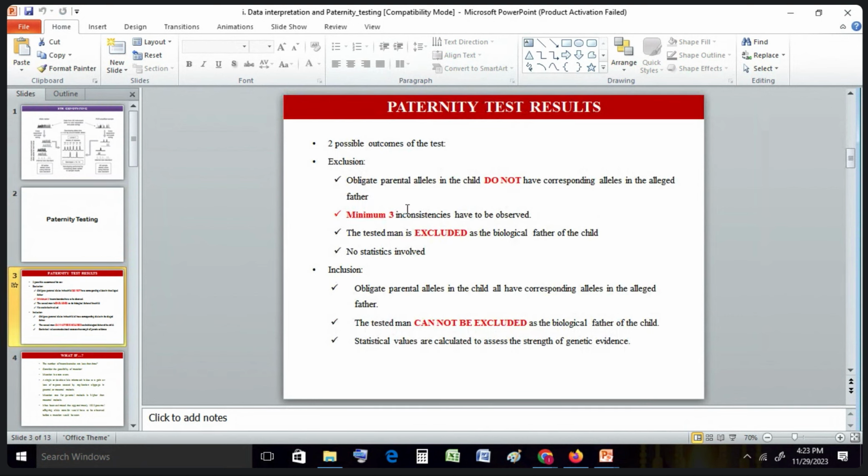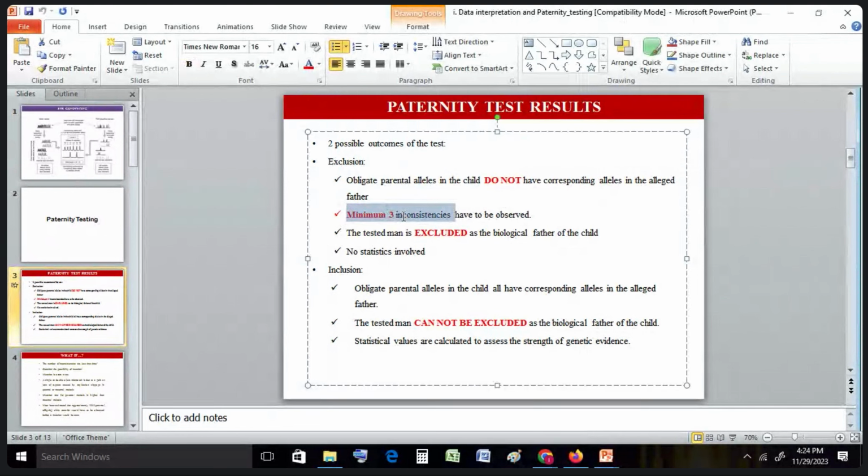Suppose you compared and got two mismatches, but all the other 15, 16, whatever you checked, match. So you can say that, okay, this probably is the biological parent. But if you get more than two mismatches, like it is written here, a minimum of three mismatches or inconsistencies have to be observed.